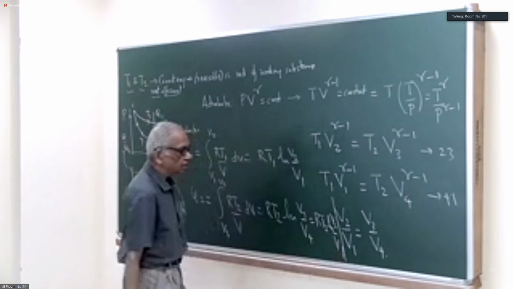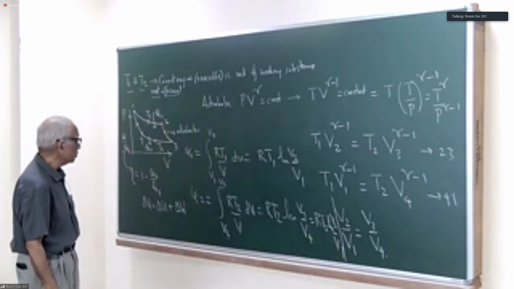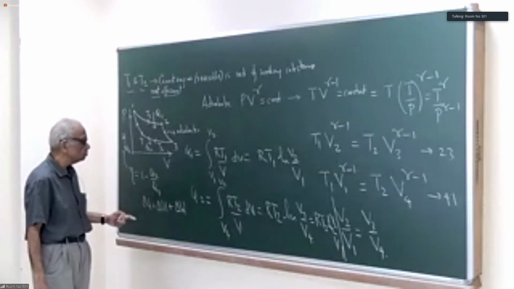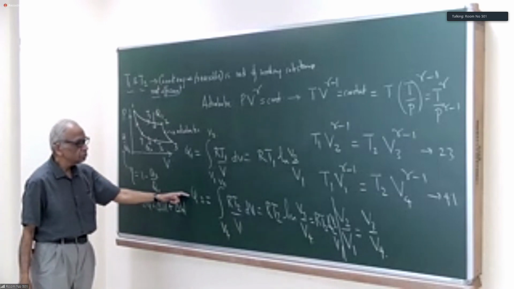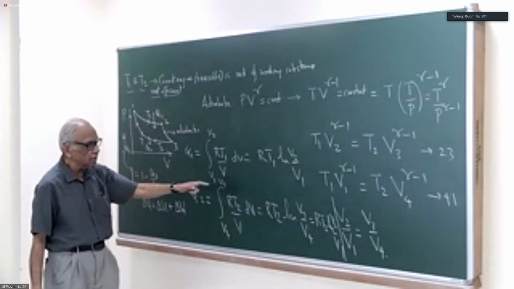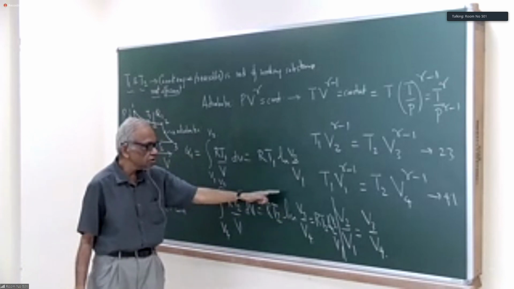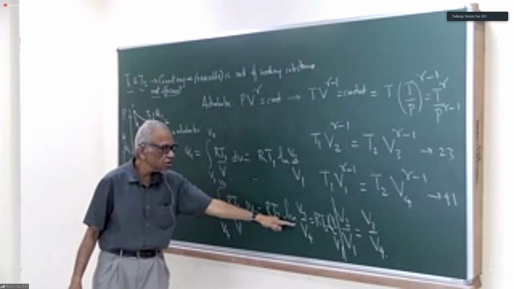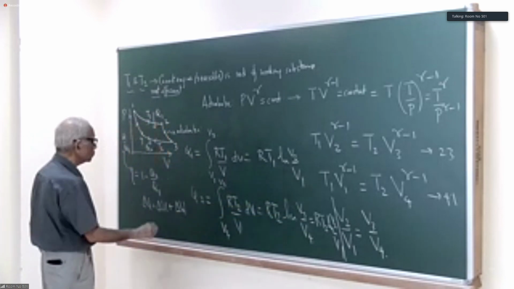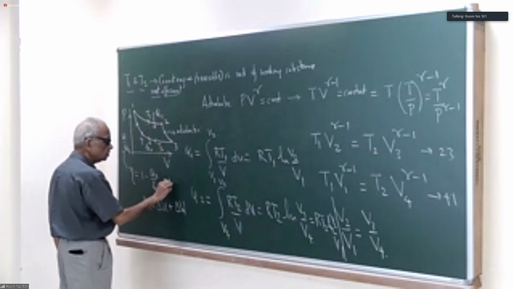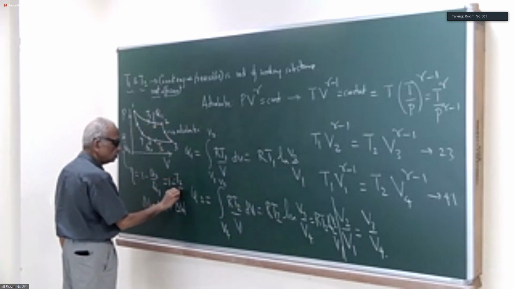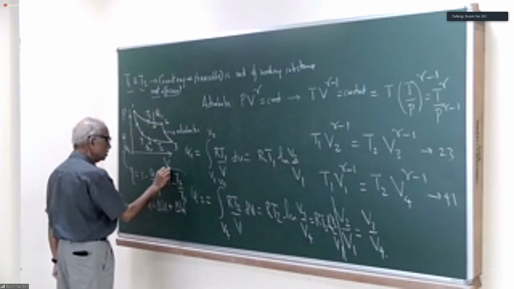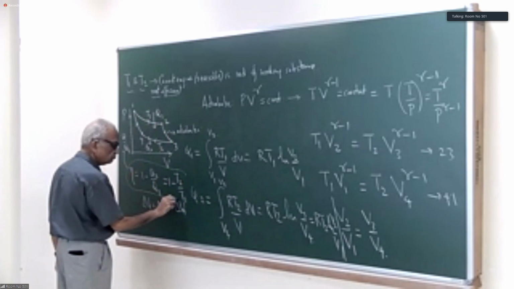And therefore when I write 1 minus Q2 over Q1, Q2 over Q1 is RT2 times this divided by that, but this quantity is the same as this quantity. So this is equal to 1 minus T2 over T1. So that's the efficiency of the Carnot engine.